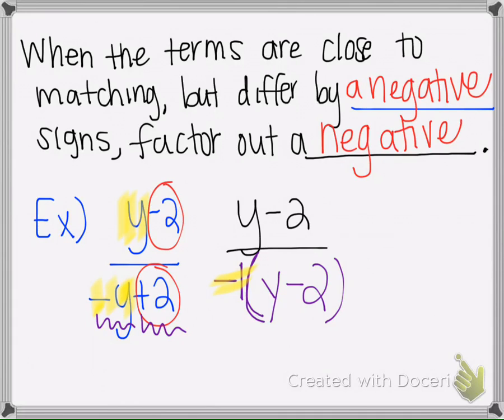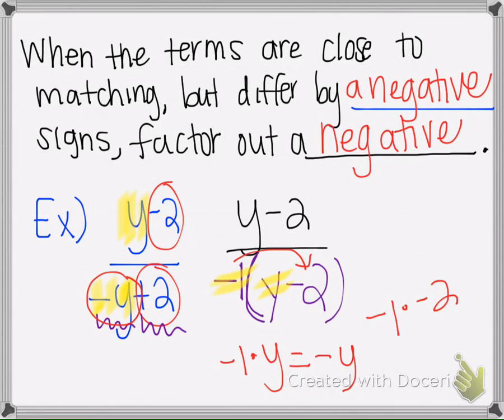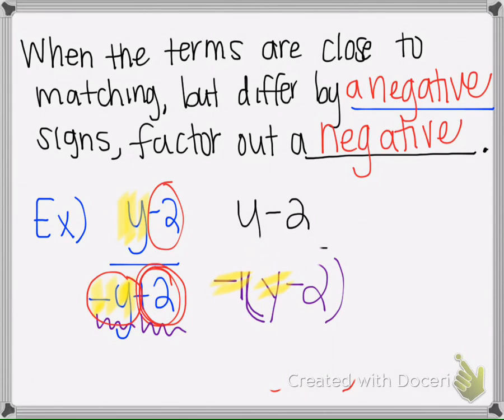A negative 1 times y is negative y. That's what this has. And then a negative 1 times negative 2 is 2. And that's what we have right here. So we have not changed anything by writing it in this manner.